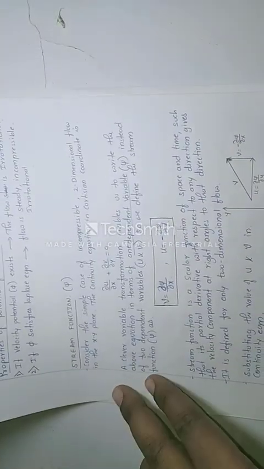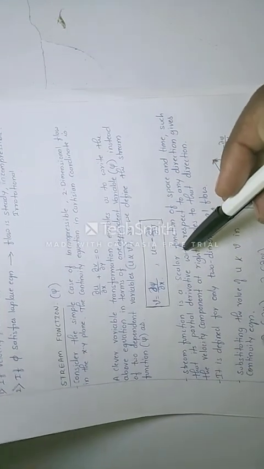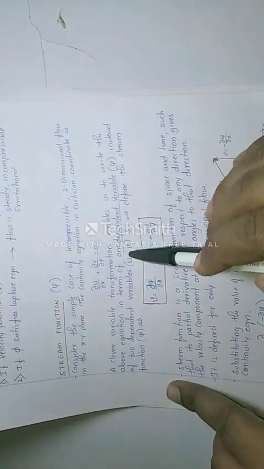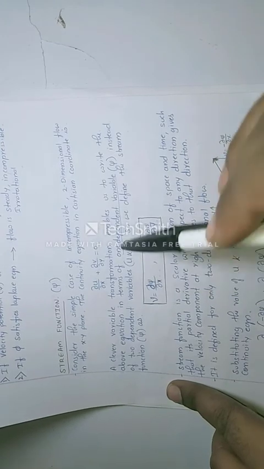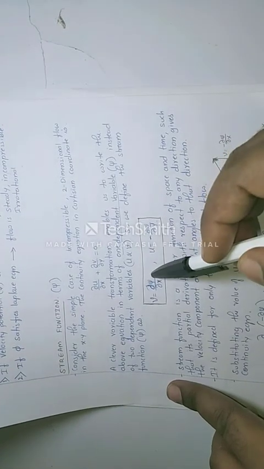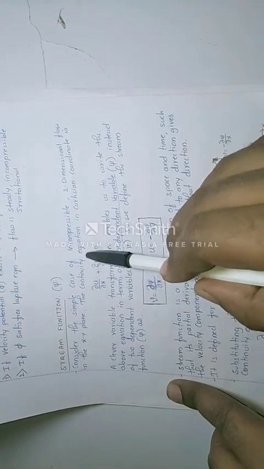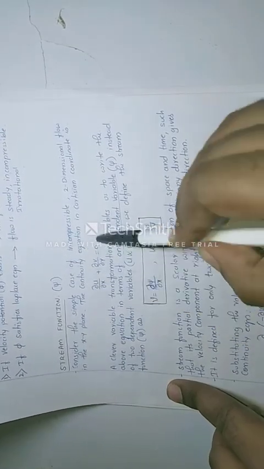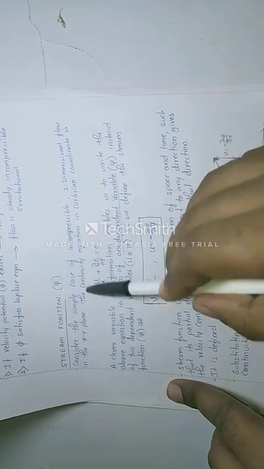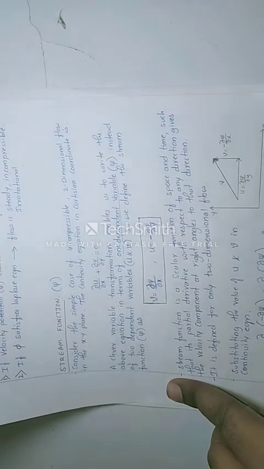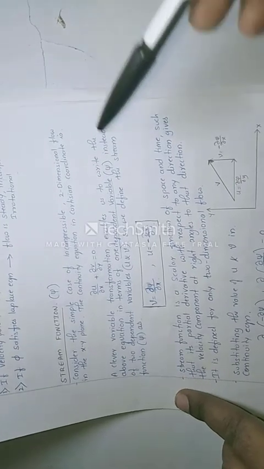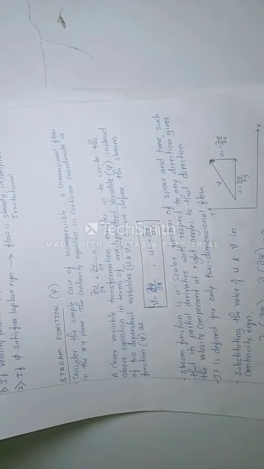And the next one is the stream function. It is also a mathematical expression. Instead of writing du by dx plus dv by dy, which will be difficult for us to analyze, we are going to replace this combination of terms with a single term called psi, and this psi we call the stream function.